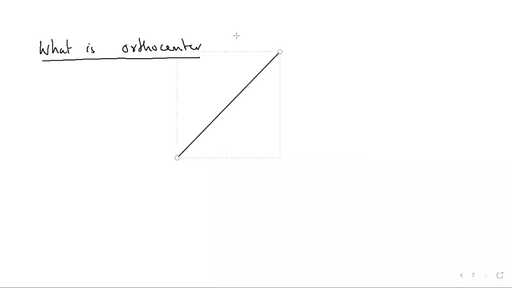What do you mean by orthocenter? What is the orthocenter of a triangle? Ortho means perpendicular. Whenever you see the word ortho in mathematics, it stands for perpendicular. Orthogonal, perpendicular.